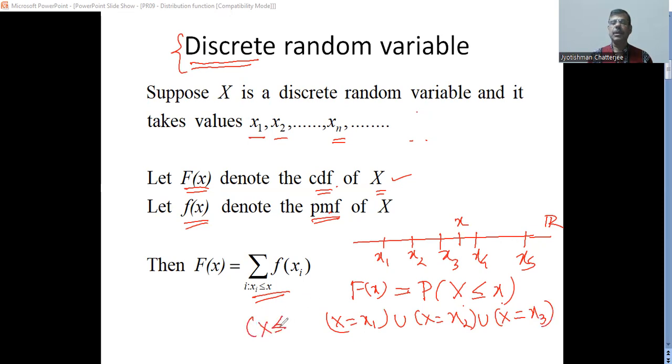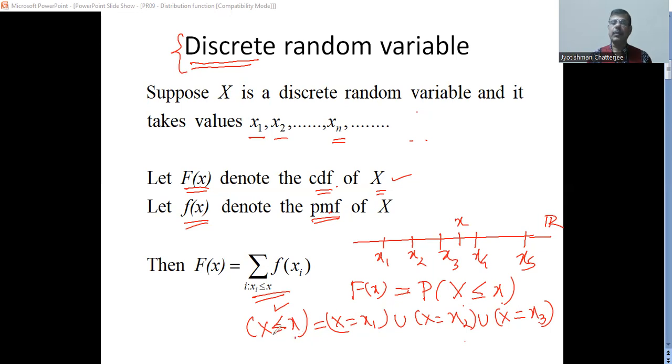The event X less than or equal to x can be thought of as the union of these 3 events, because if capital X equals x4, this left hand side event is no more satisfied. Whenever the right hand side is satisfied, that is, the capital X value is one of these 3, small x1, small x2, and small x3, then of course capital X is less than or equal to small x.